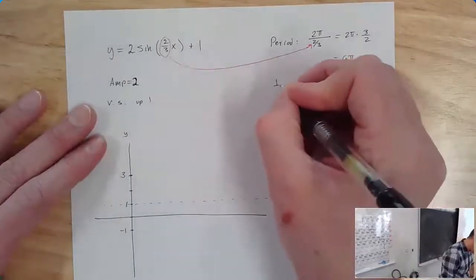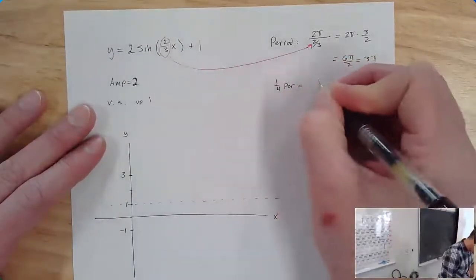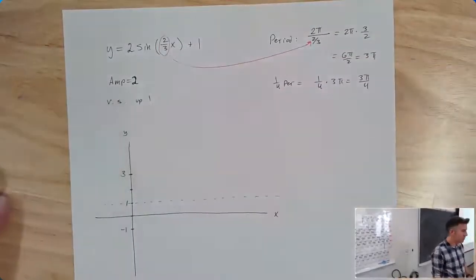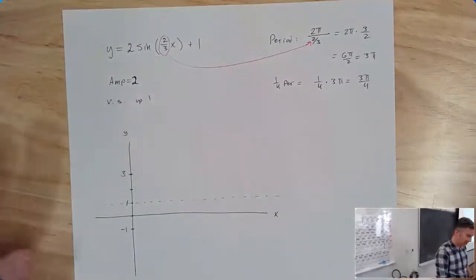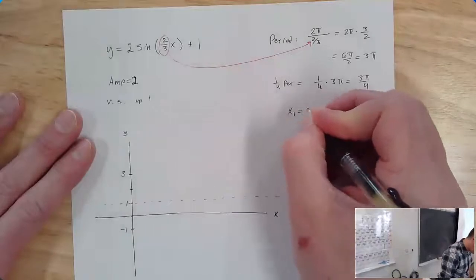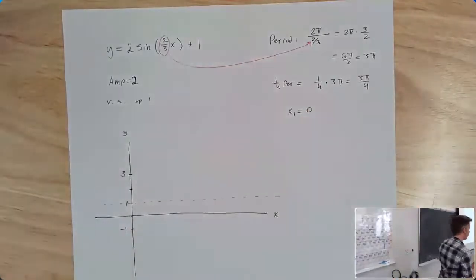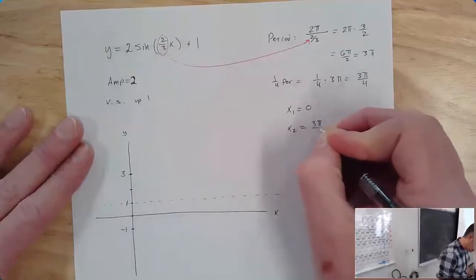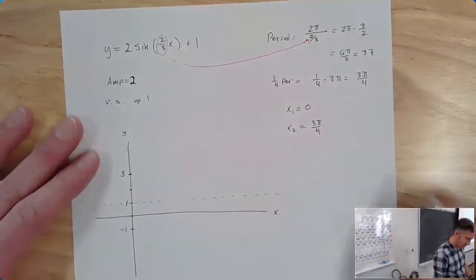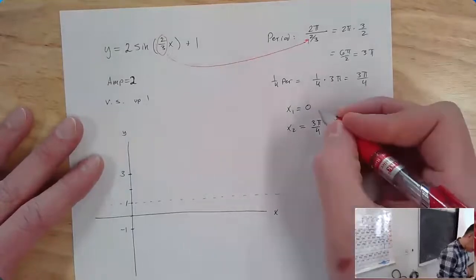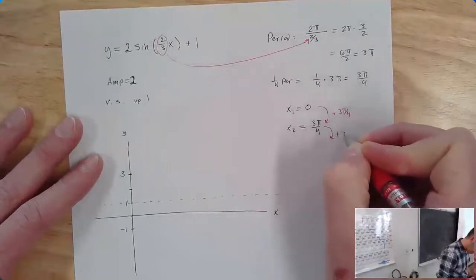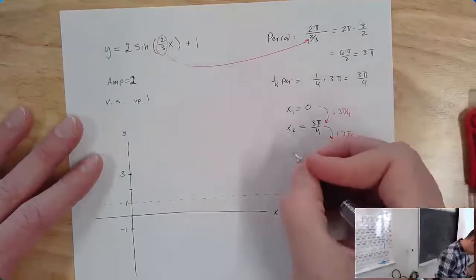And a quarter of my period is equal to 1/4 times 3 pi, which is just 3 pi over 4. All right, we're going to do this quick because we only got 2 minutes. Our first angle is 0. We still have a phase shift, so we're still just starting at 0. Our next important point is 3 pi over 4. We're just adding 3 pi over 4 to 0. It's going to add another 3 pi over 4 to get 6 pi over 4.